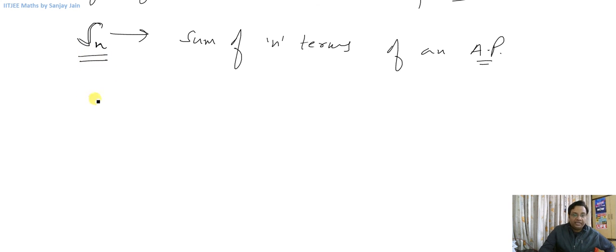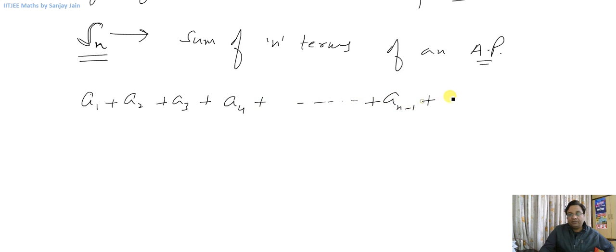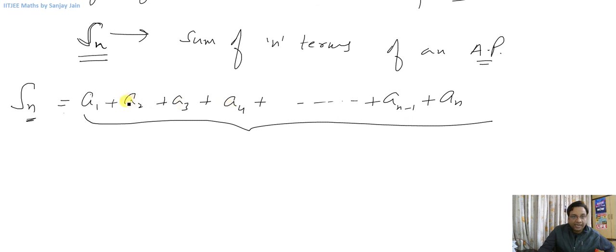That when I write, let us say, a1 plus a2 plus a3 plus a4, let us say up to a(n minus 1) plus an. So this is sum of n terms of an AP, right? What is sum of n terms of an AP? That I write the n terms of this AP and add these, right?